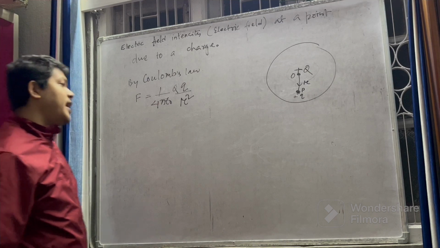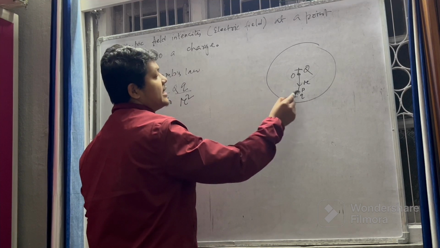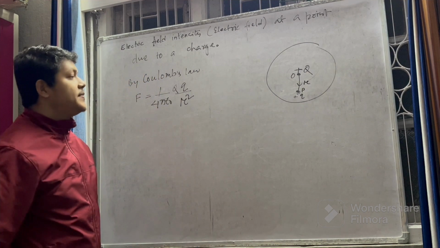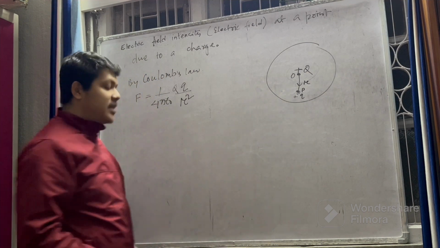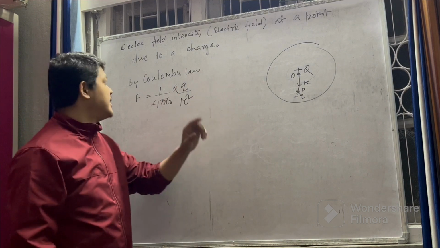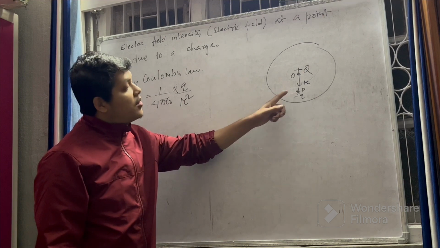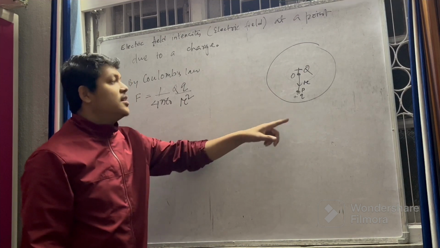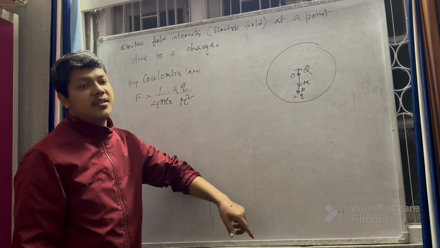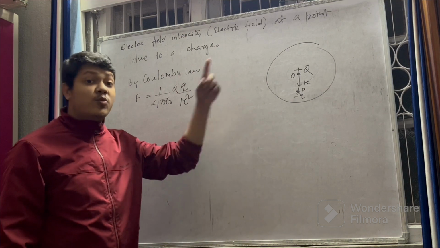Now, if you want to find the electric field at this point, then you must calculate the force acting per coulomb of charge. If you have brought q coulomb charge here, then what will be the amount of force exerted on 1 coulomb charge?